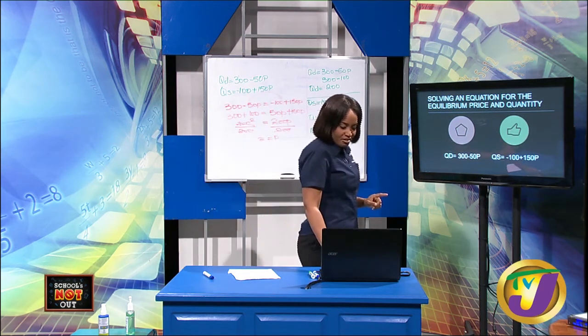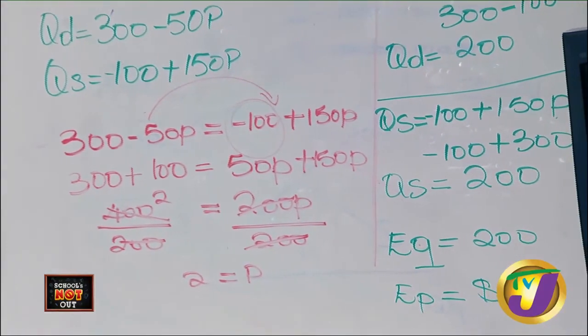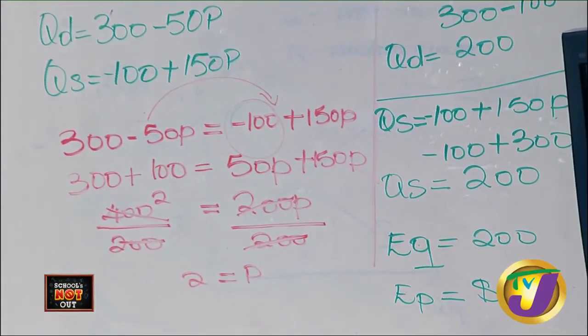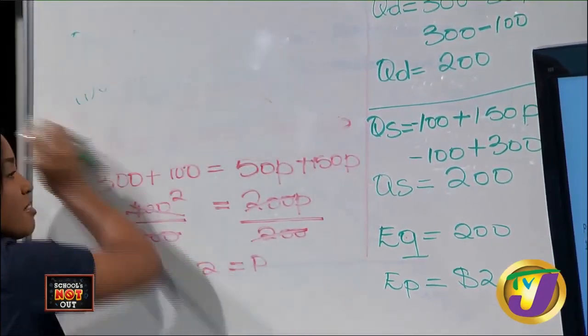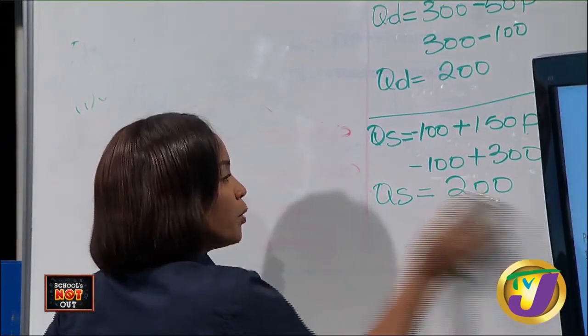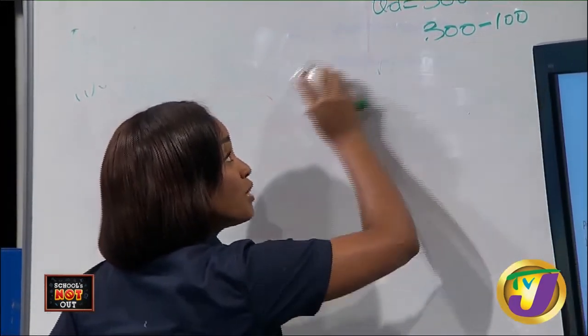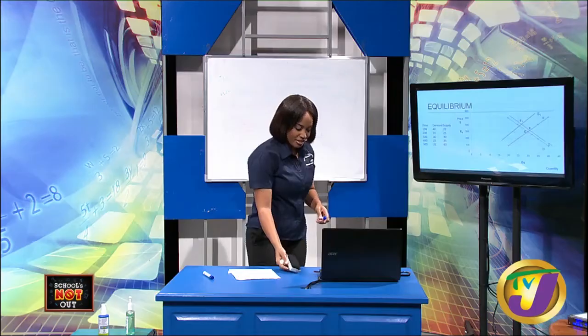All right, so I want us to go back to something very important. I had shown you what would happen when the supply curve shifts as it relates to the equilibrium point, equilibrium quantity, and also equilibrium price. I want us to pay attention to this part.